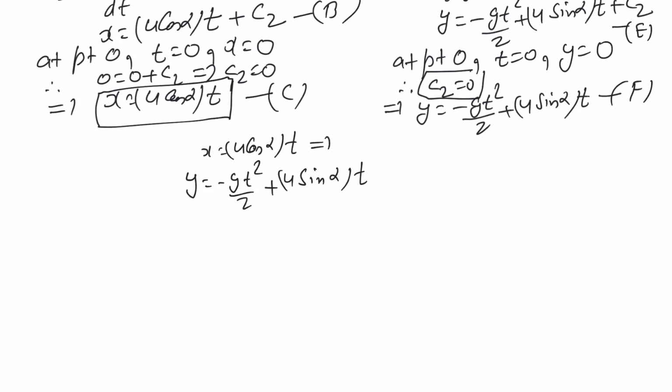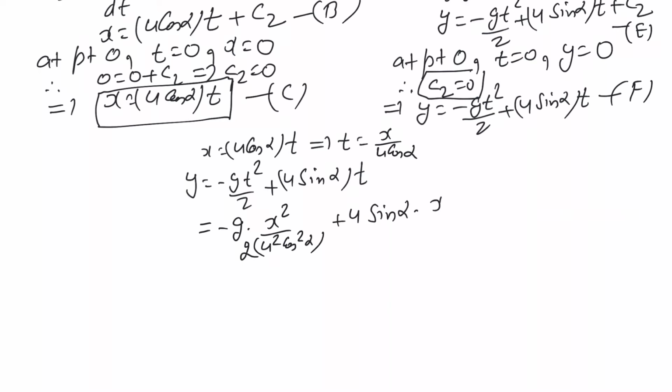We will eliminate t from these equations. From the first we can calculate t, which is x by u cos alpha. Substituting, y is equal to minus g x² over u² cos² alpha, divided by 2, plus u sin alpha times x by u cos alpha.